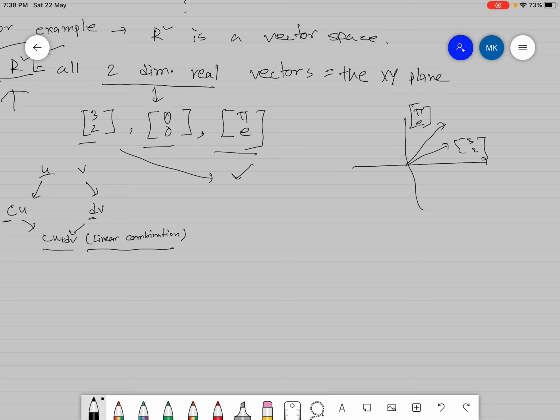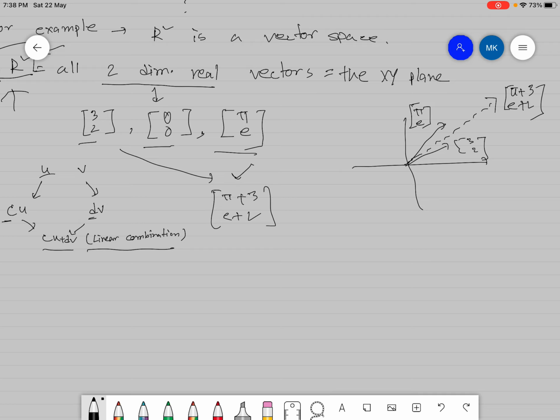If we add these two vectors, let's say by scaling 1 at each side, so pi plus 3, e plus 2, this would also stay inside that vector space.